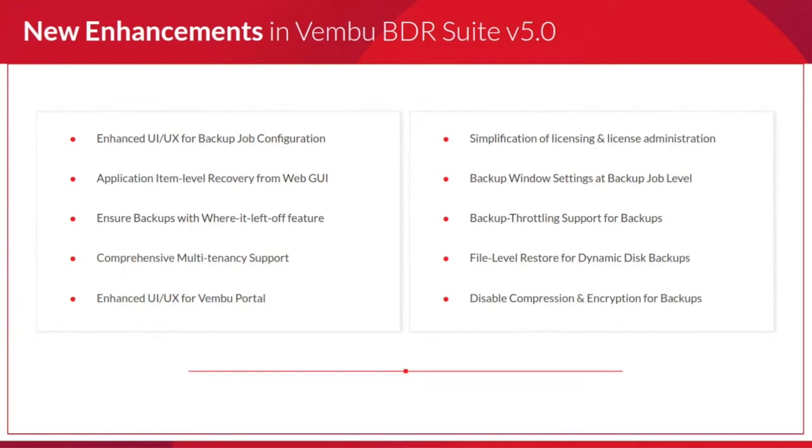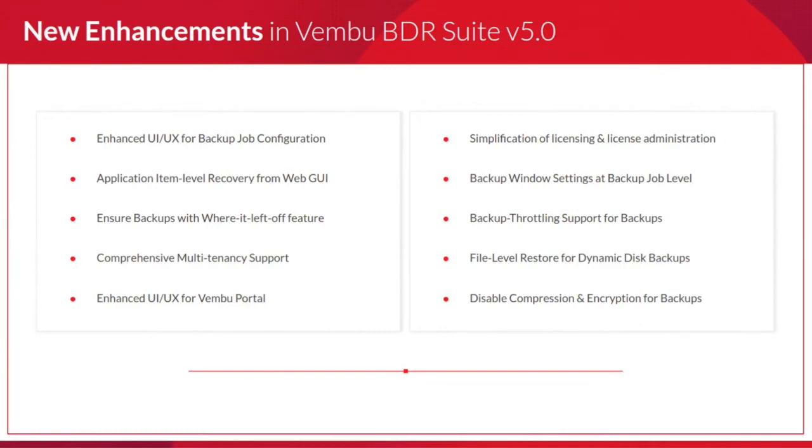Now you can purchase the licenses, and whenever a new backup is configured from the server, if the license is available on that particular server, it will be automatically allocated to those backups. We're also bringing cloud allocation from the portal itself as a partner.